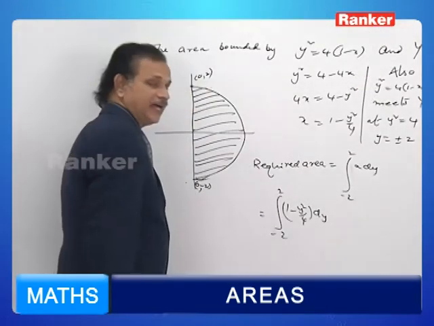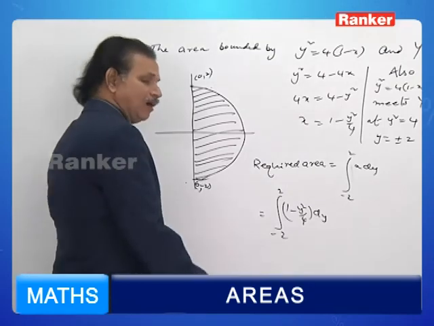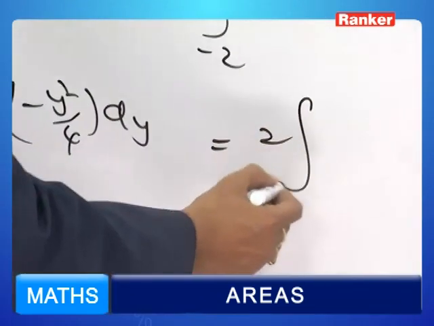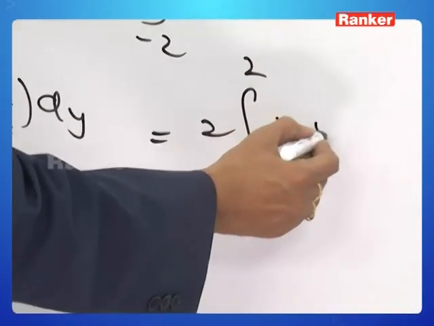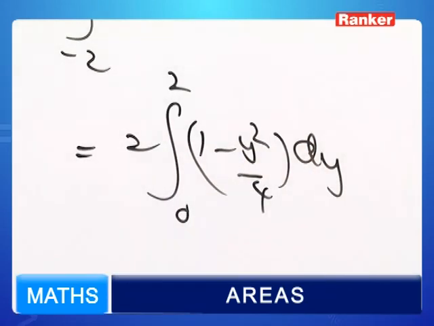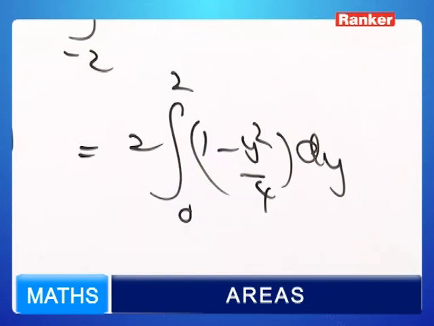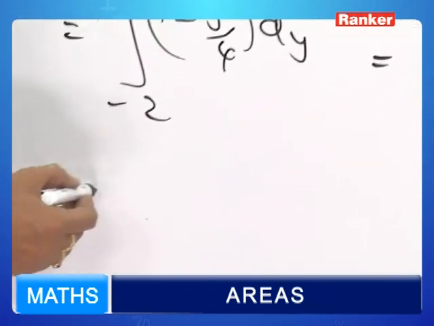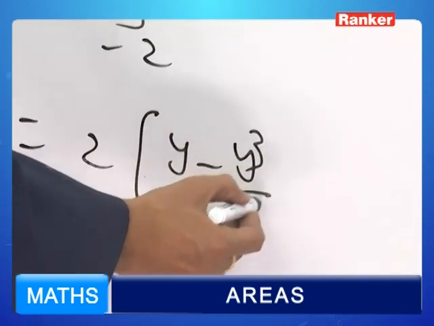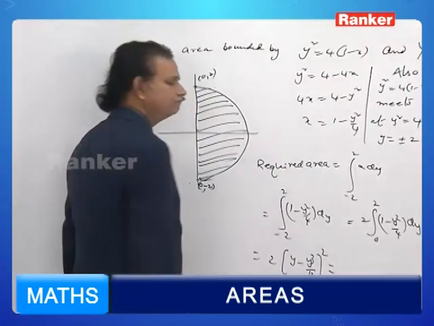You see, again it is an even function, or by following the symmetry, this can again be taken as 2 into integral 0 to 2 of 1 minus y square by 4 dy. By getting the integral very simply and substituting the limits, we will have the answer like this as 2 into y minus y cube by 12 between the limits 0 and 2.